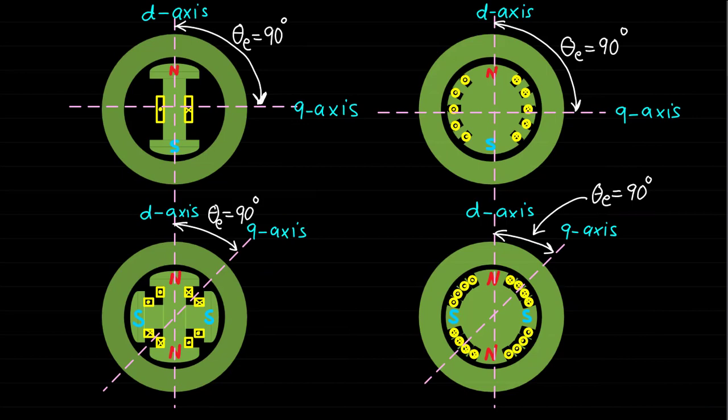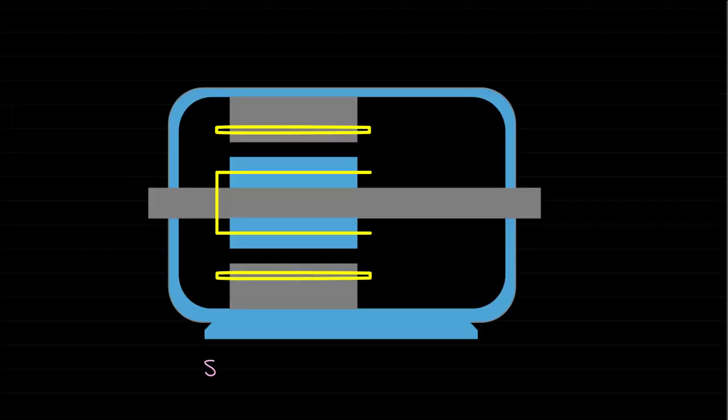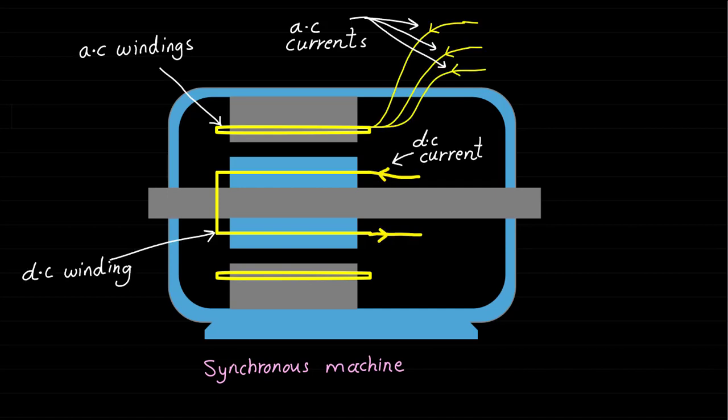I would like to add here that the rotor d-axis and the rotor q-axis are always perpendicular with respect to each other. That means the angle between the rotor d-axis and rotor q-axis is always 90 degrees apart in electrical angle. Now let's move on to some other general information about the synchronous machine.